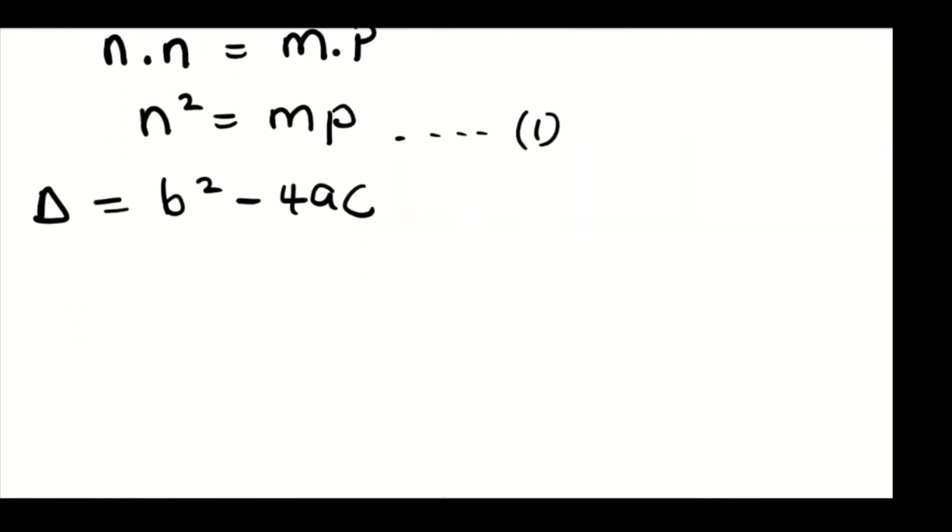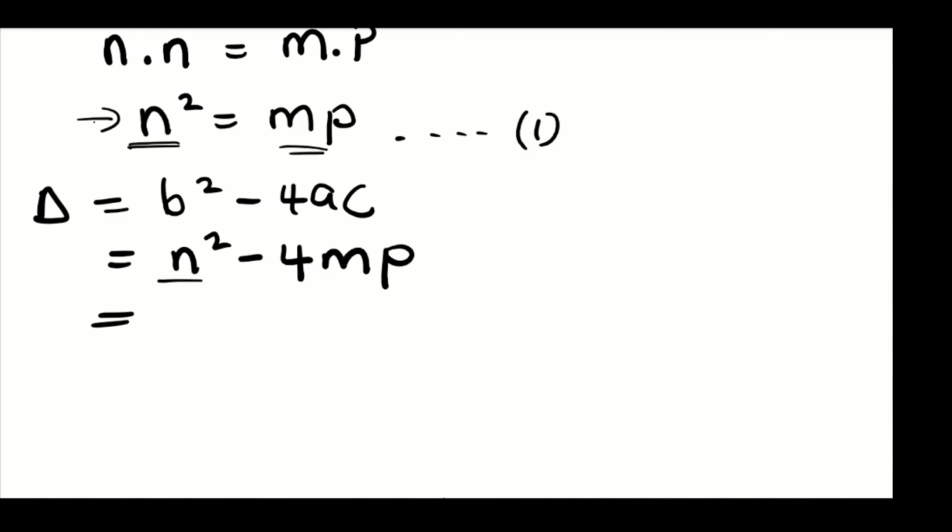So our discriminant is equal to n squared minus 4mp, right? And remember, n squared is equal to mp. So you can substitute: where there's n squared you can put mp, or where there's mp you can put n squared. It's up to you. So I'm just going to put mp where there's n squared.